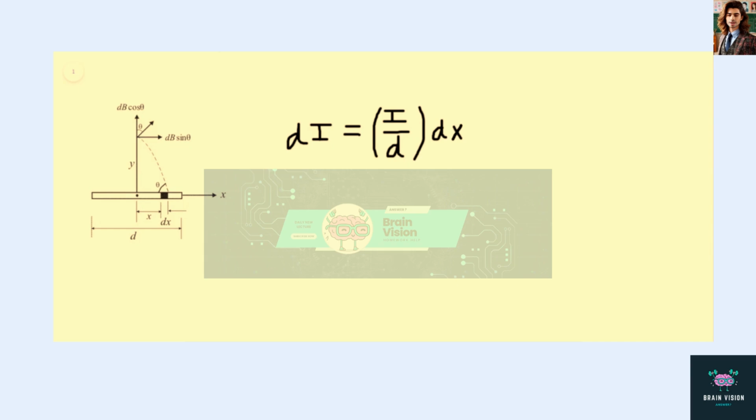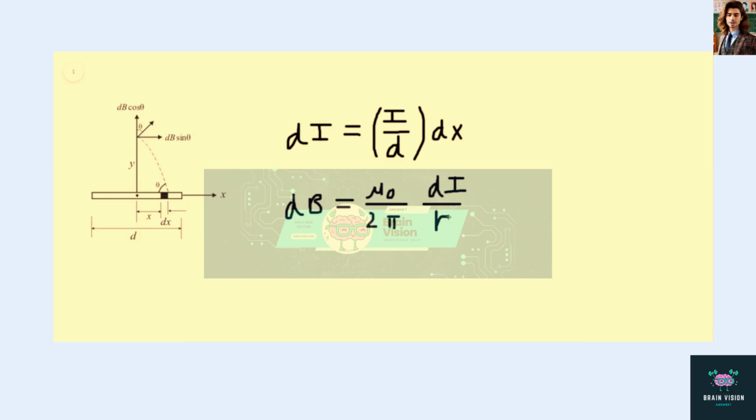And the magnetic field due to this element, or at least the change in magnetic field, dB, is equal to mu naught, which is the magnetic permeability of free space, over 2 pi times the change in current, dI, over some distance that we're considering, r.